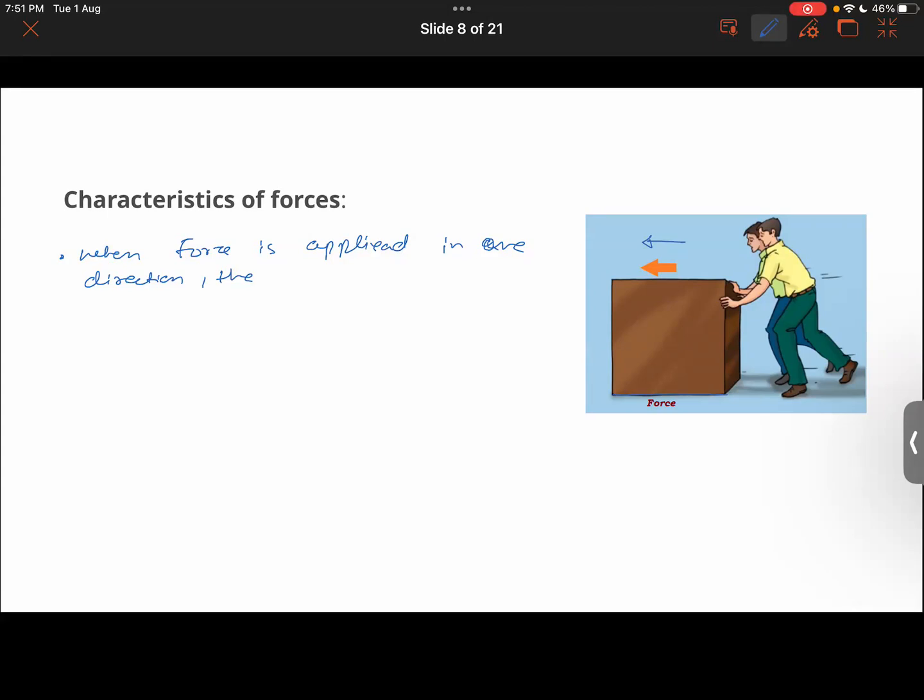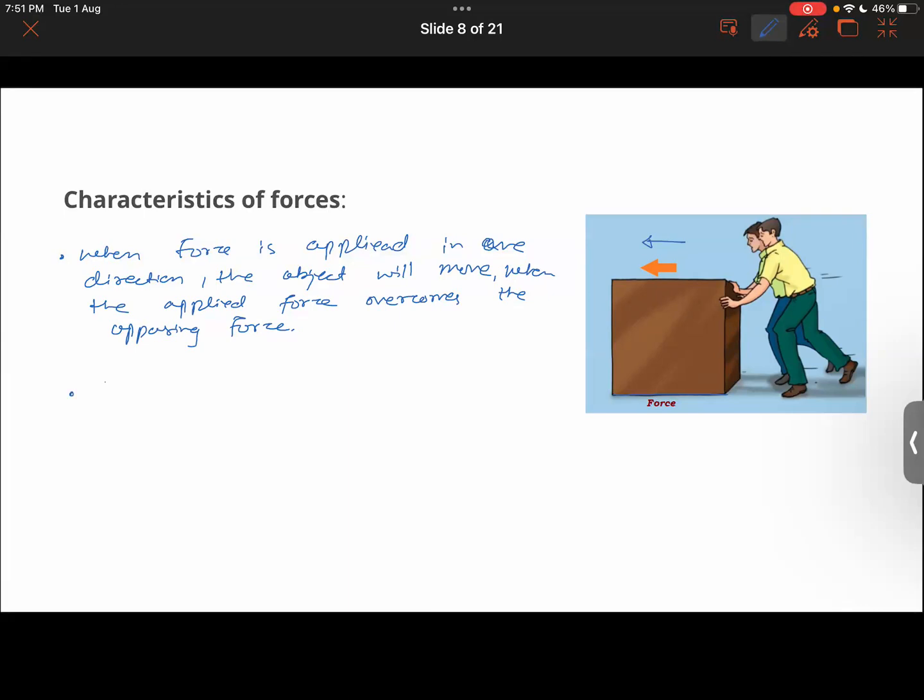So when the applied force overcomes the opposing force, in this case the frictional force, the object will move.